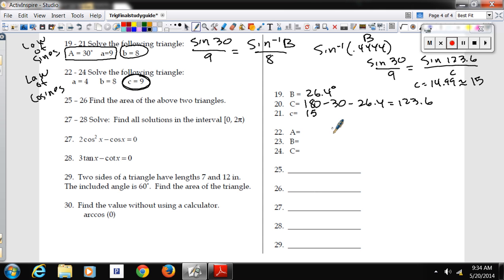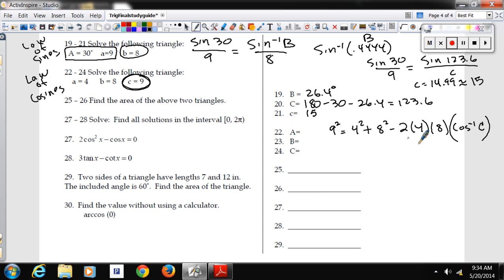So I'm going to put c squared, 9 squared, equals 4 squared plus 8 squared minus 2 times 4 times 8 times the inverse cosine for letter C. I'm going to try to find angle C first, and I've got to use an inverse because I want to find the angle this time.